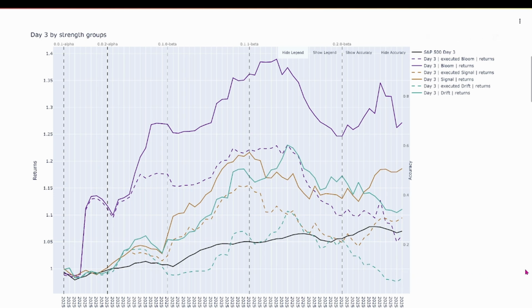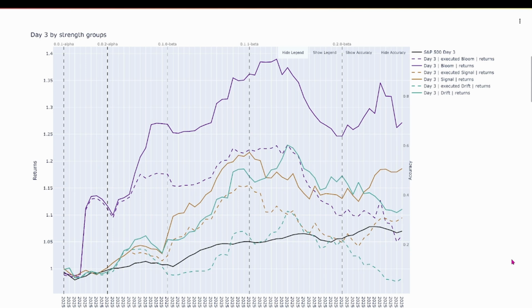With longer holding times, there's more opportunity for volatility and also time for stocks to rebound. The only weak group here is the executed drift line, which is still borderline positive. The bottom line here is day 3 forecasts are lower risk, probably lower reward, but they're also less punishing if a stock dips below entry.